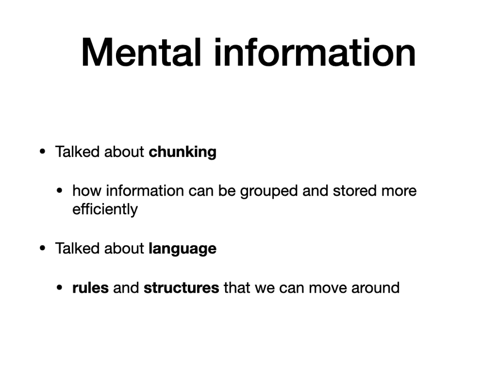So, mental information. We're still winding our way towards being able to talk about the brain as a system of information processing. We've talked about chunking, so how some amount of information can be grouped and stored more efficiently than just one disconnected piece at a time. So, like phone numbers, right?